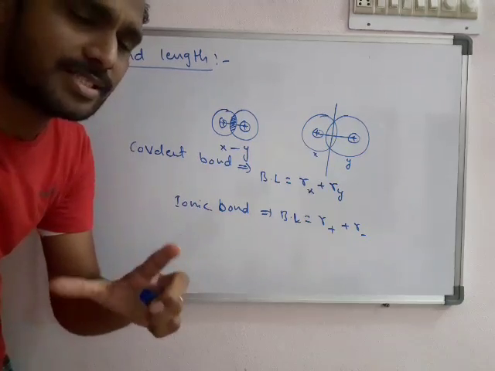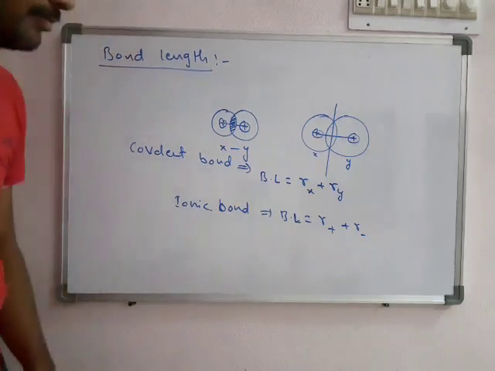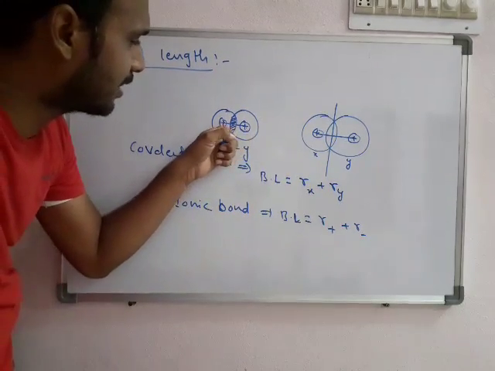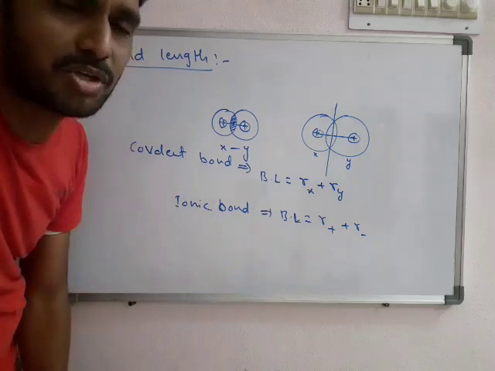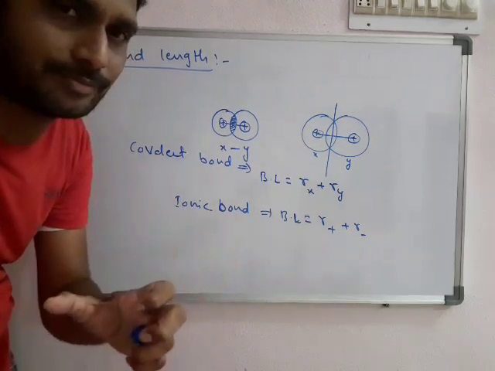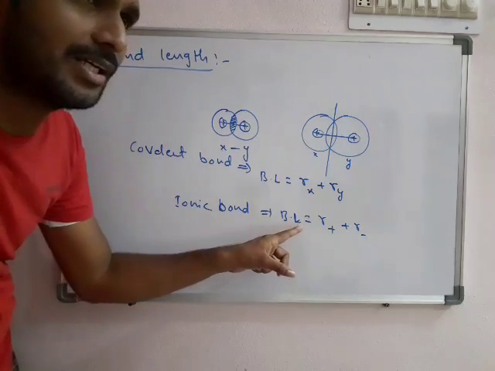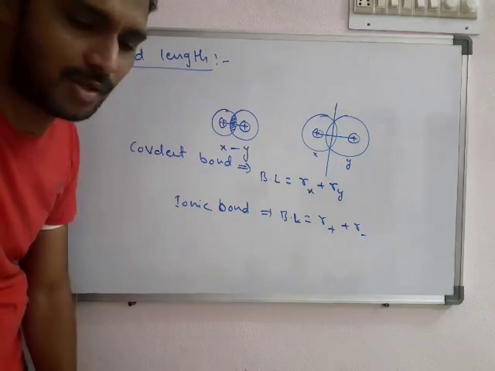Now we see some other points on bond length. For a covalent bond, adding the radii of the two bonded atoms gives the bond length. For an ionic bond, the bond length is equal to the radius of the cation plus the radius of the anion.